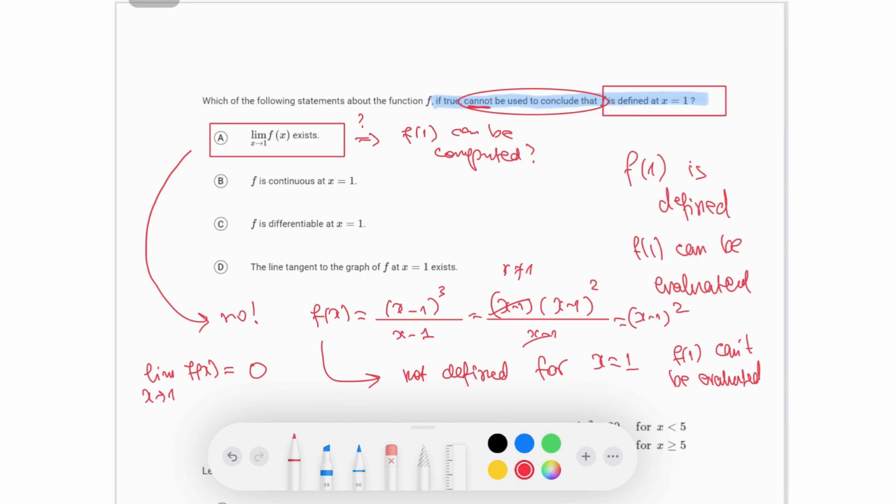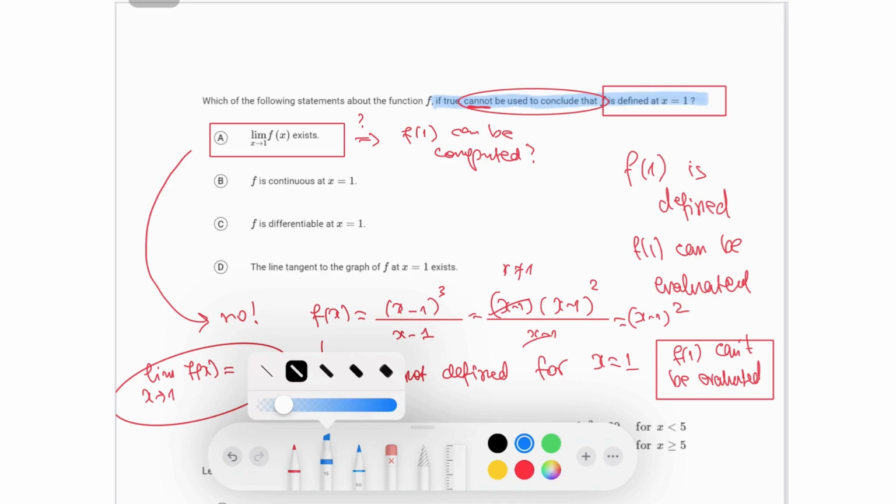So the limit exists, but f of 1 cannot be evaluated. That's important to see. So we cannot use the fact that the limit exists to find the value at that point.